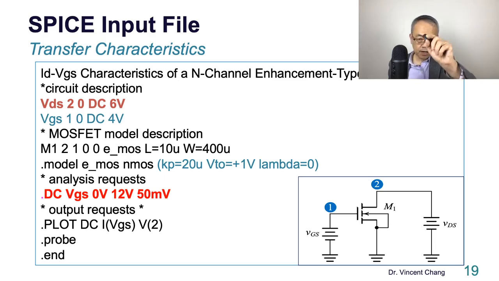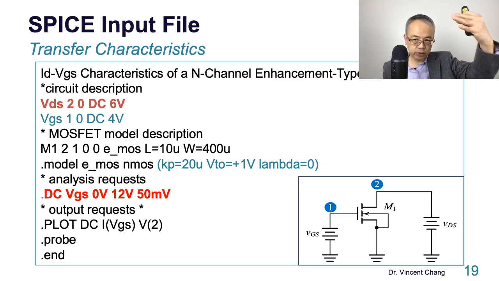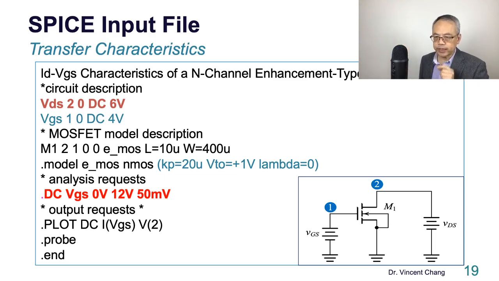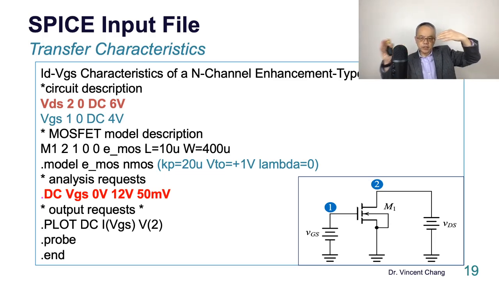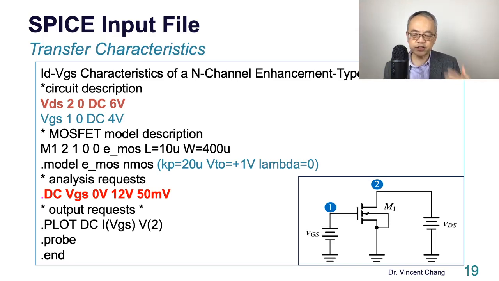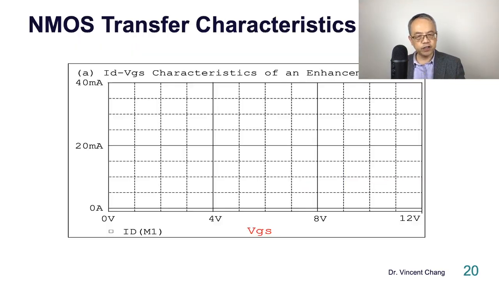Just pay attention to the highlight: VDS is connected between nodes 2 and 0. There's a battery fixed at 6 volt. And then the DC sweep command for VGS, so you scan VGS for the transfer characteristic, ID versus VGS, from 0 to 12 volt with a step size of 50 millivolt.